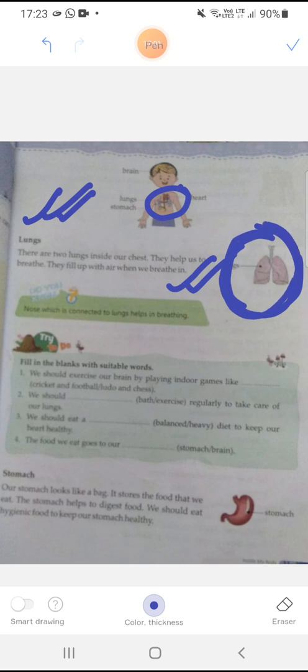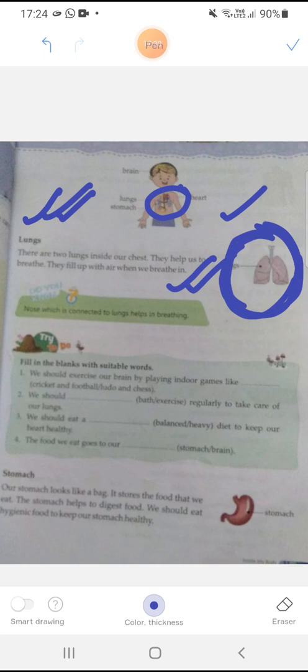Every organ of our body has something good to do for our body, and therefore only we can be alive. If these organs are not working properly, we cannot live in a healthy manner, or we may not live at all. So these are our lungs.